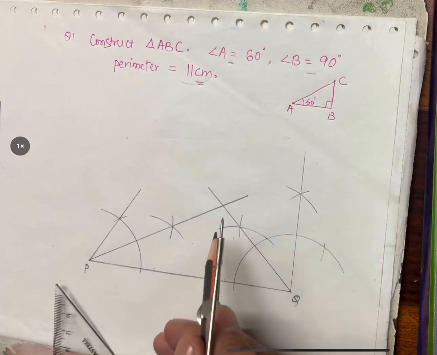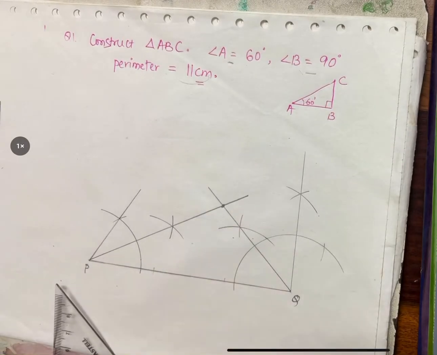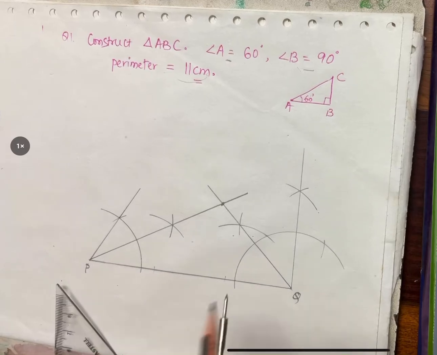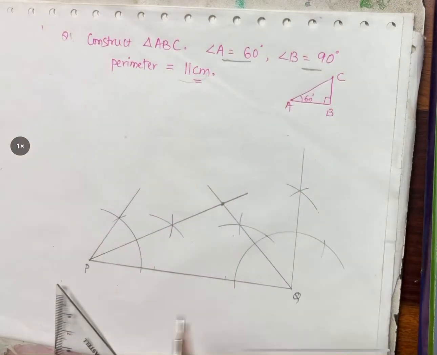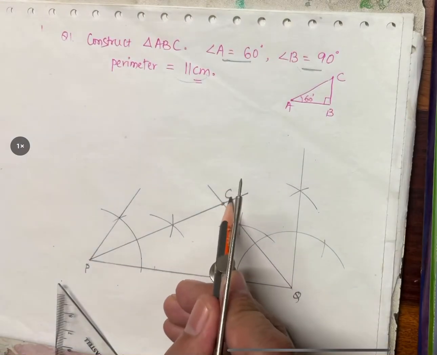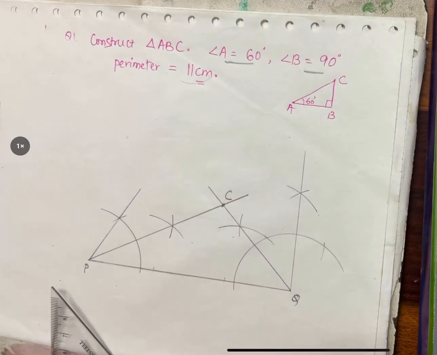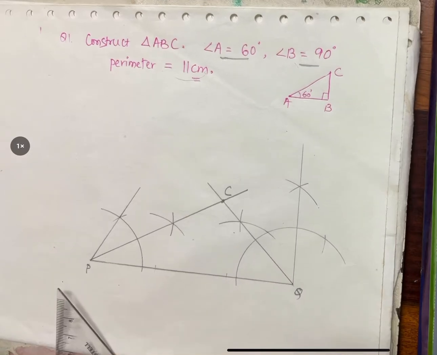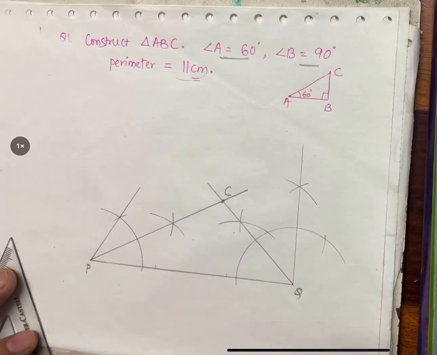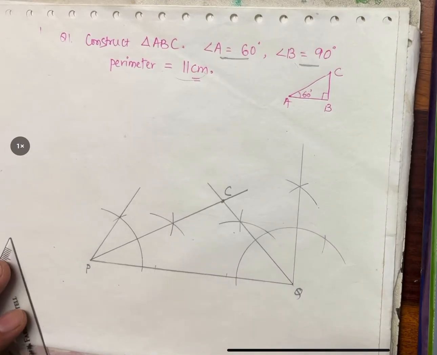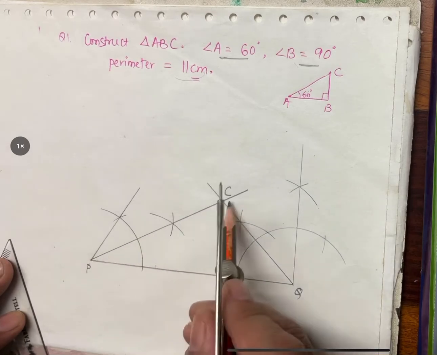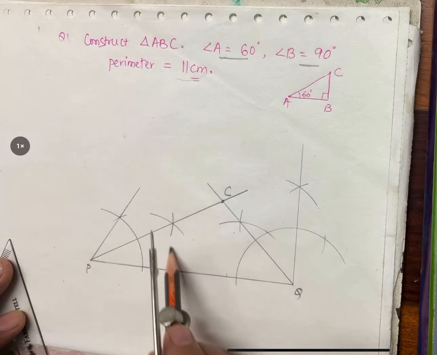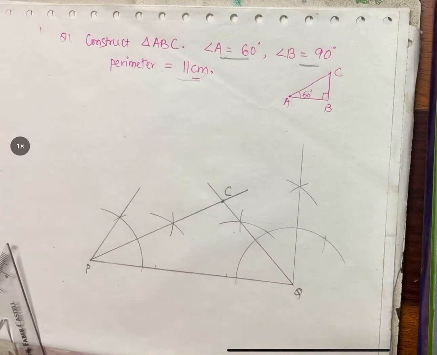Wherever these particular points meet, this one, this is a very crucial point. You have angle A, angle B, but you don't have angle C. This particular spot is C. This vertex is C, but we still do not have A and B. Okay. Now take PC and make its perpendicular bisector, and let that perpendicular bisector meet anywhere on PQ.